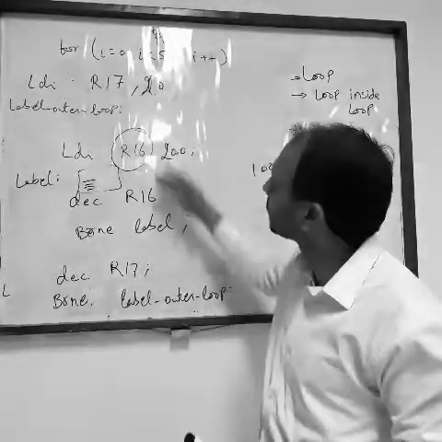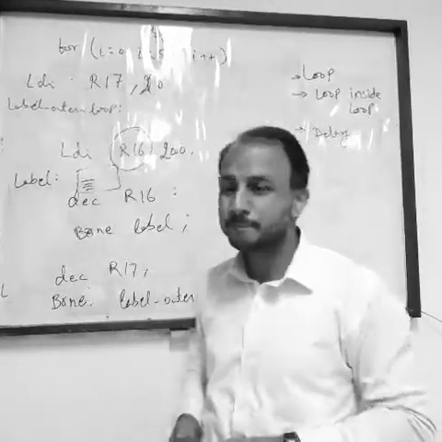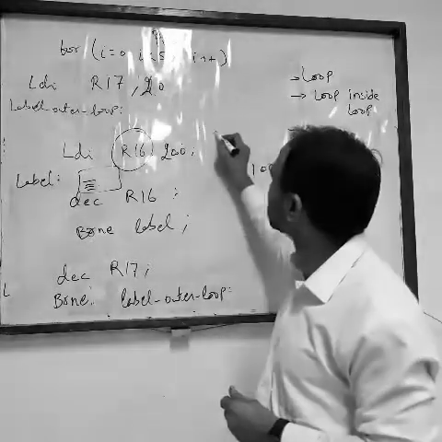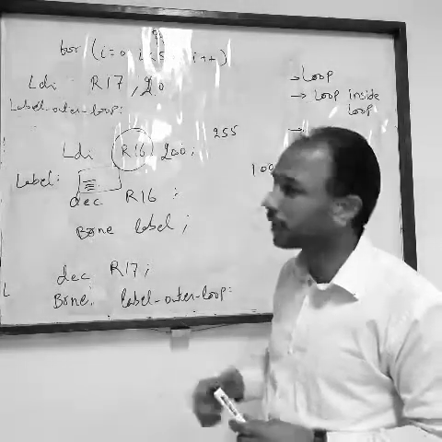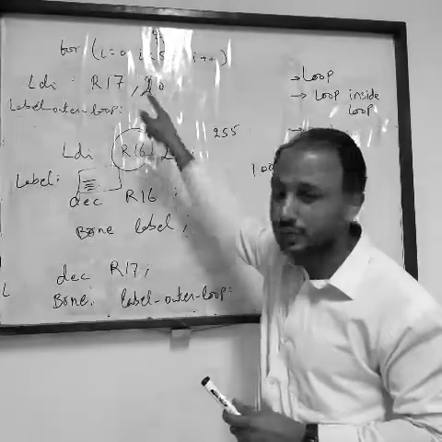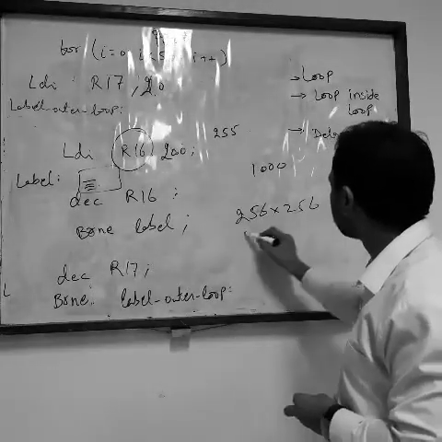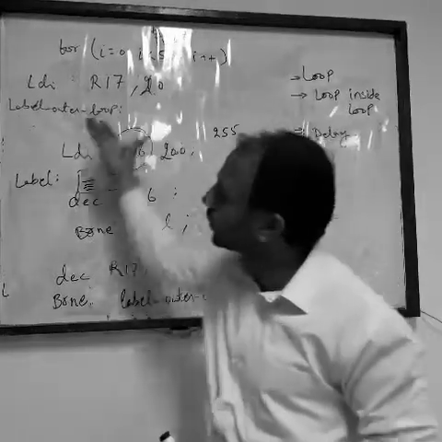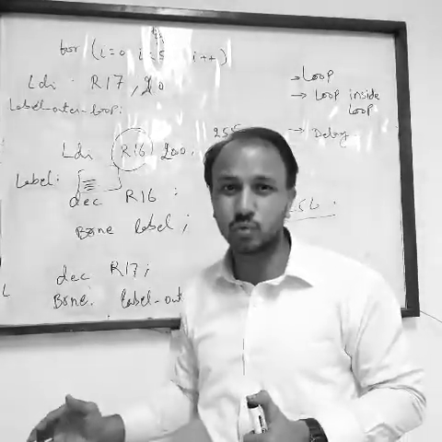So how many times can the maximum loop be run? The maximum value this register can hold is 255. 0 to 255 is actually 256 times. And this can also run 256 times. So maximum it can run 256 multiplied by 256.